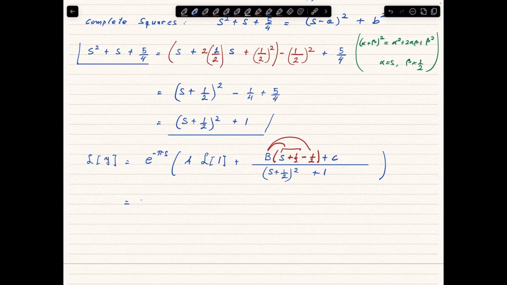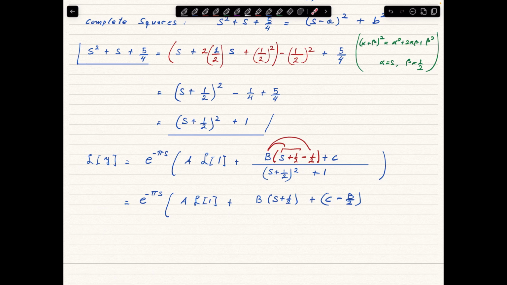And then we are going to have exponential minus pi s that multiplies this whole thing. A Laplace transform of 1. And then what do we have? We are going to have b that multiplies s plus 1/2 only. And then we are going to have plus c minus b over 2.